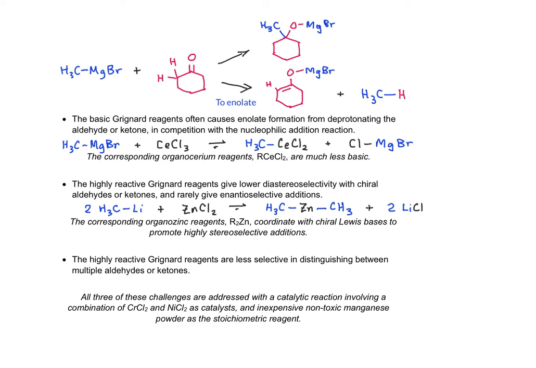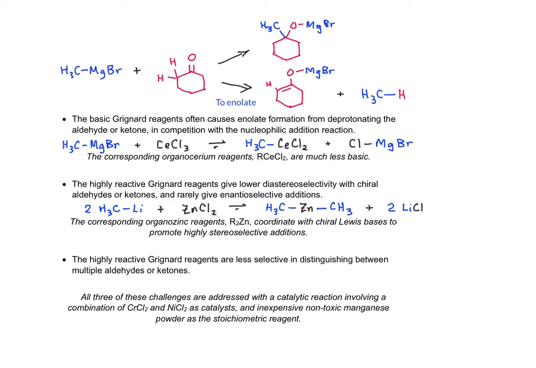The Grignard reagents are also highly reactive, so that if you have multiple aldehydes, or even distinguishing between an aldehyde and a ketone, the Grignard reagents tend to do a poor job of that selectivity.